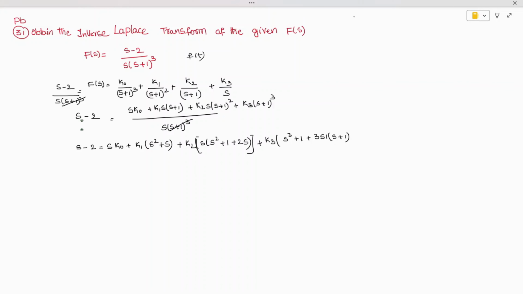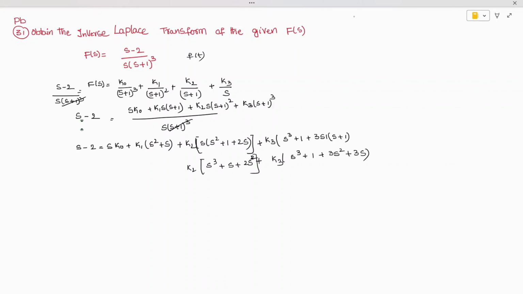Okay, so this we can expand. So this we can further expand as (s cube plus 1 plus 3 s square plus 3s), multiplied with k3, plus when you expand this, you are going to get s cube plus s plus 2 s square is the another term.